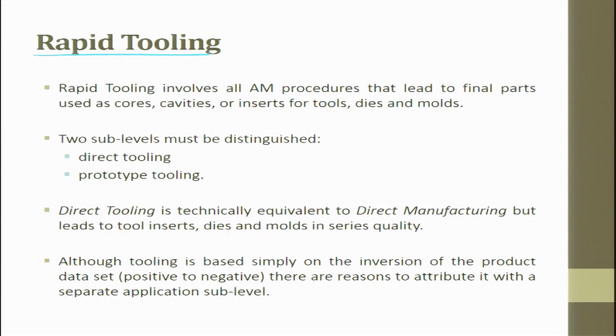Rapid tooling, which I told you is the direct tooling, which is a negative of rapid manufacturing. Rapid tooling involves all AM procedures that lead to a final product used as core, cavity or insert for tools, dies and molds. So, a cavity and core is in a hole or inside a closed confined space.